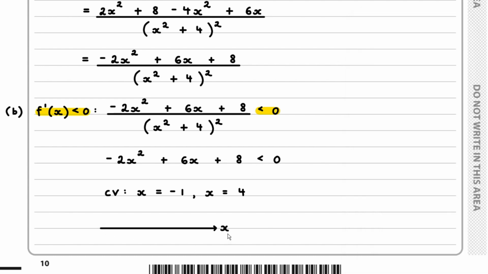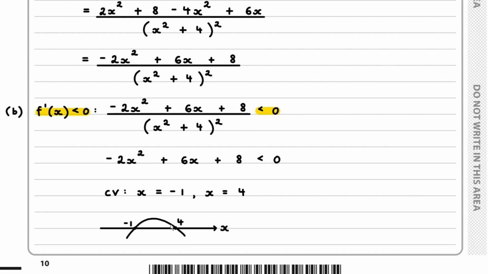Sketching this function, well, we have the x-axis, we have a negative quadratic, we have a solution here at x equals negative 1, a solution here at x equals 4.